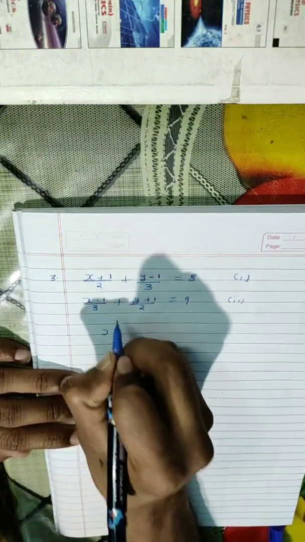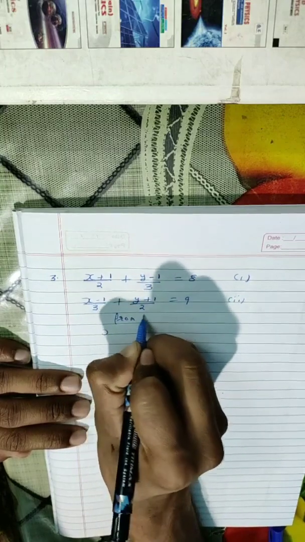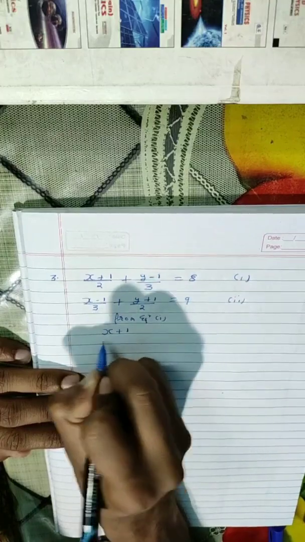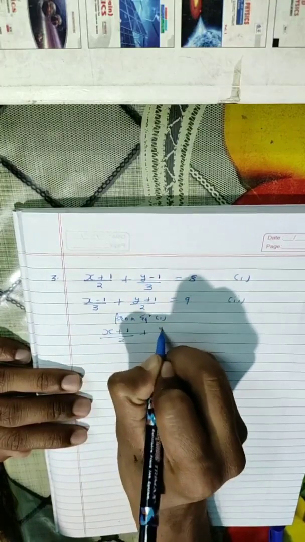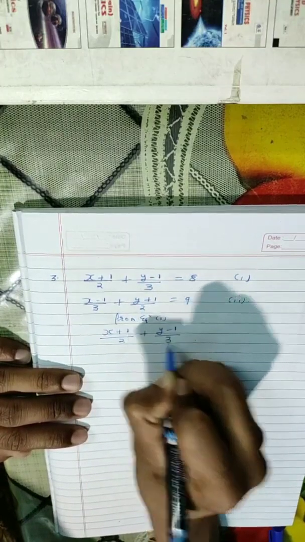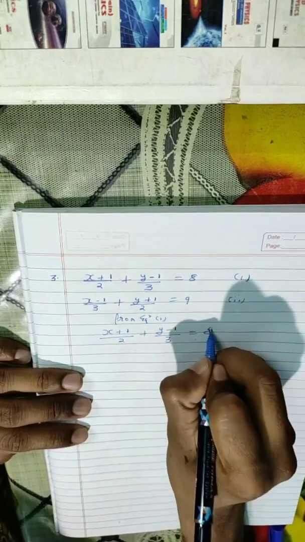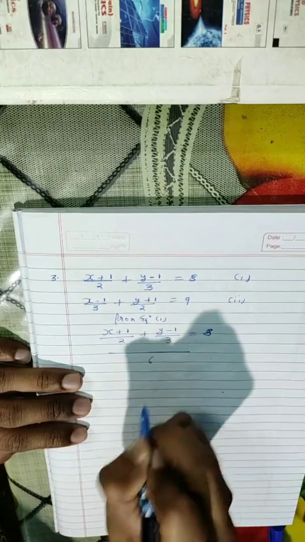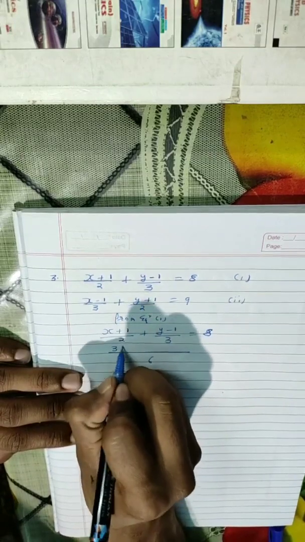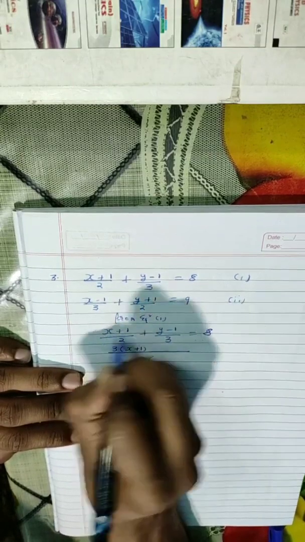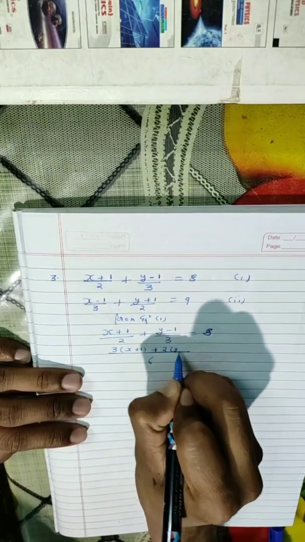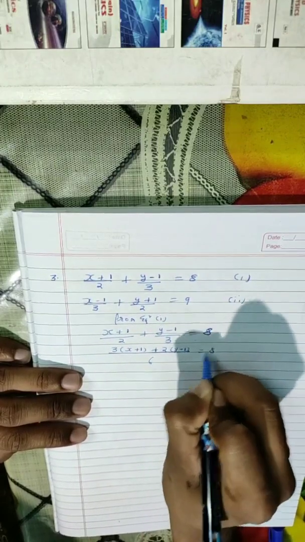From equation number 1, (x + 1)/2 + (y - 1)/3 = 8. Take LCM. The LCM of 2 and 3 is 6. So 3 will be multiplied with the whole term x + 1, plus 2 will be multiplied with y - 1, is equal to 8.